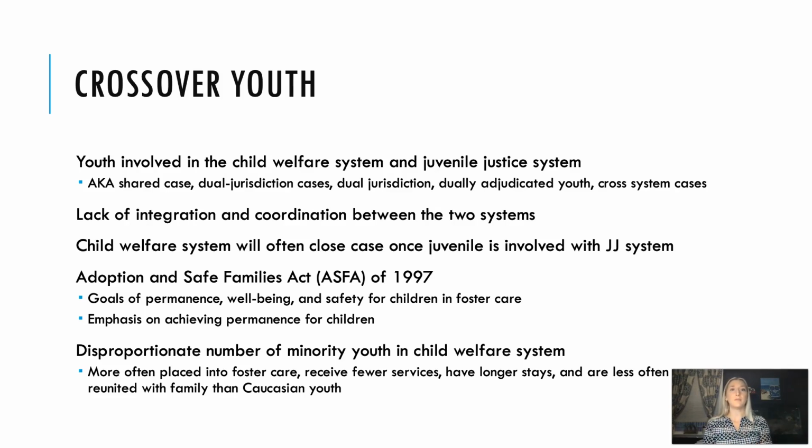It's not because these youth are more often neglected or abused by their parents. They're just more often placed in foster care. They receive fewer services. They have longer stays in the system, and they're less often reunited with their families when compared to Caucasian youth.